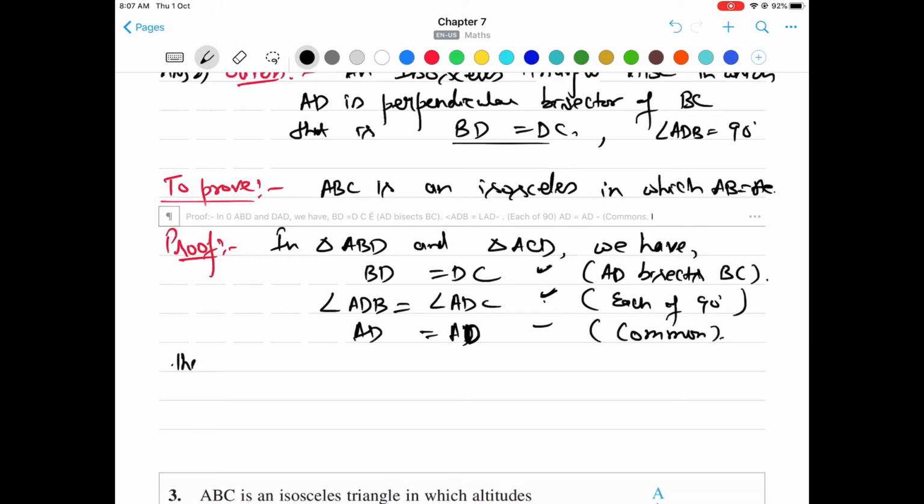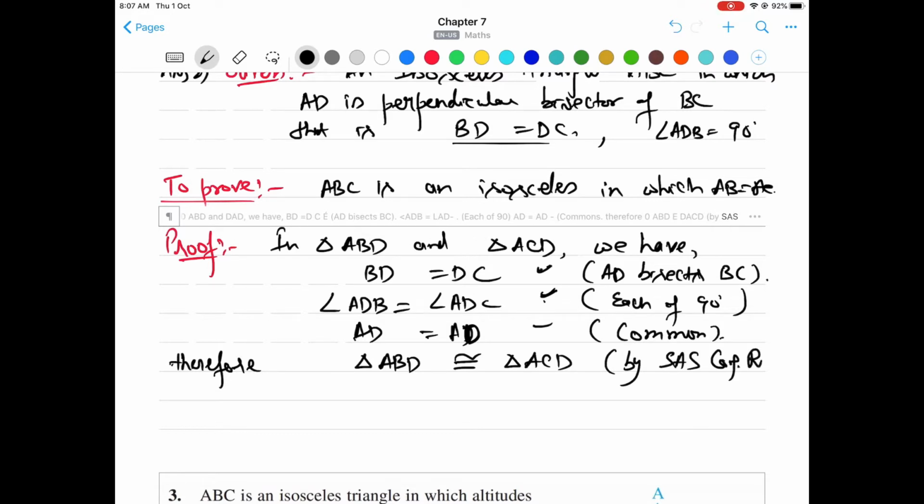Okay, therefore triangle ABD is congruent to triangle ACD. This is by the side angle side congruence rule. So this implies that side AB is equal to side AC.